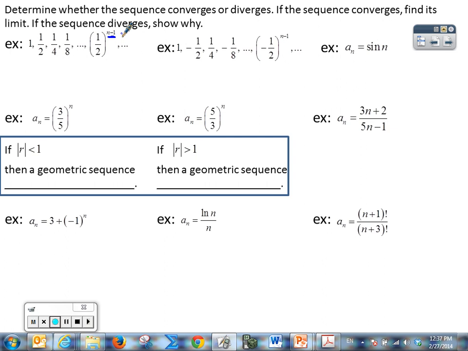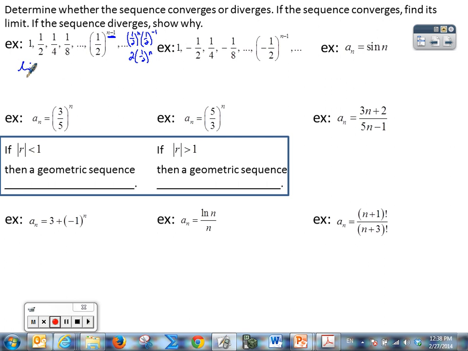So I'm just going to do a little bit of algebra work over here before I start the limit. I'm going to split this apart into 1/2 to the n times 1/2 to the -1. I would really prefer working with just the n power instead of any kind of weird configuration. This 1/2 to the -1, we should know that we can write as 2. So this really, I'm going to be working with 2 times 1/2 to the n power. That's what I'm going to be taking the limit of. This is what I would prefer to do.